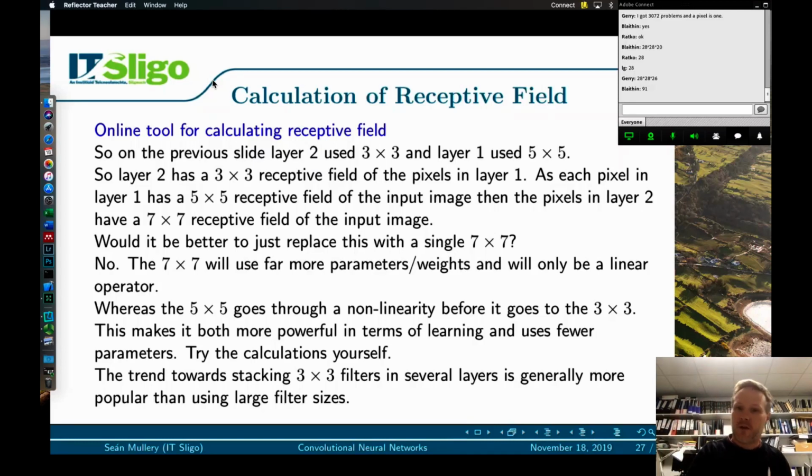So the receptive field going all the way back ended up being quite large by the end of it. It was just this simple idea of having constantly 3x3 filters, but changing the number of filters and the number of activations in each case.